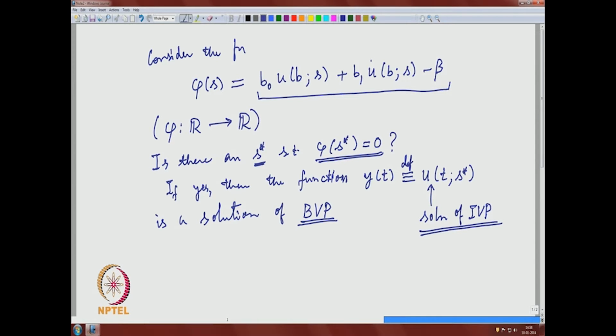In the literature this is called the shooting method, and this is widely used in obtaining numerical solutions of the BVP.